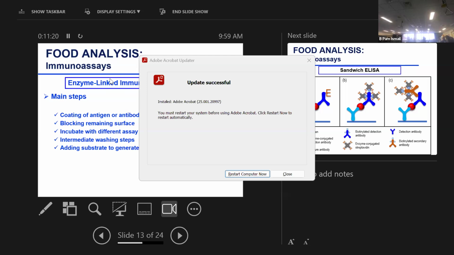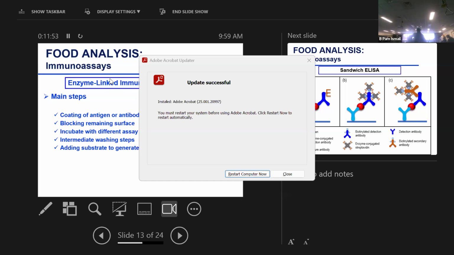Then you put substrate, and wash again. Everything non-reactive will go away, and then we let it incubate so that the substrate converts to product and we measure absorption. That's it. These are the primary steps.